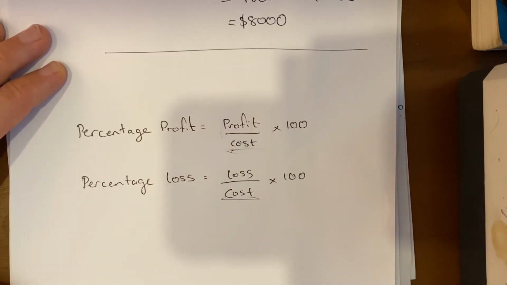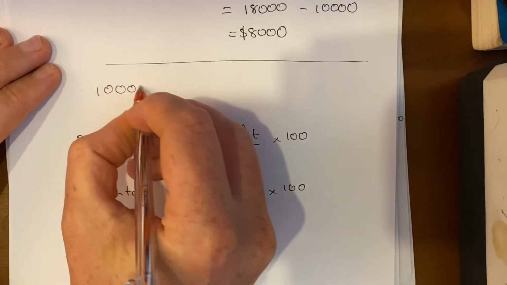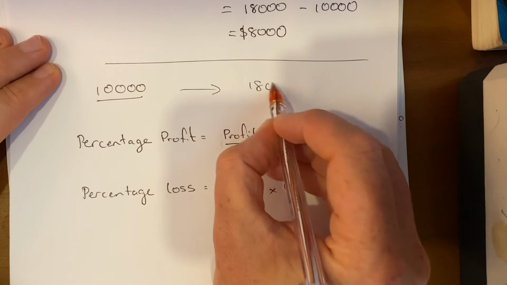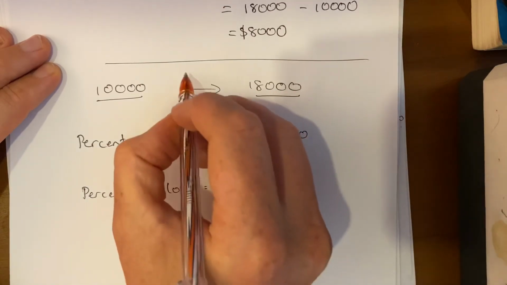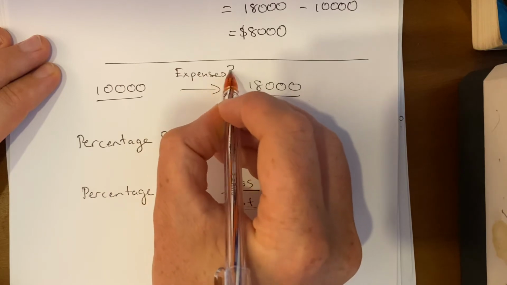Sometimes a business would like to base it off the selling price because that includes a lot more overheads. So for example, if you think about it, that 10,000 that he bought it for and he sold it for 18,000, was there any expenses in between selling? Oh, probably.